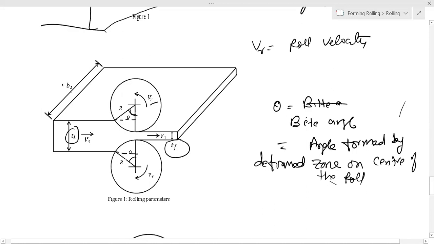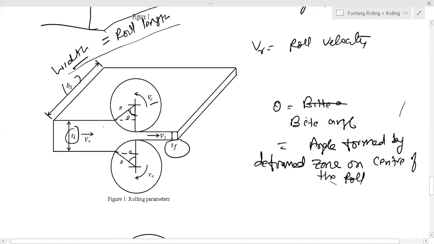And B is the width, and sometimes it is equal to the roll length, but it is not always true. Sometimes the strip will be of bigger width and the roll may be smaller, but generally width and roll length are equal.